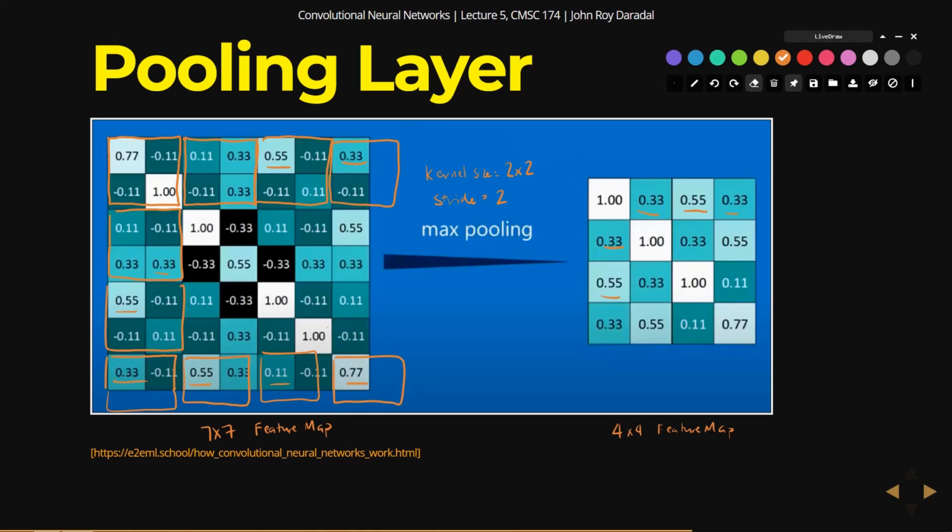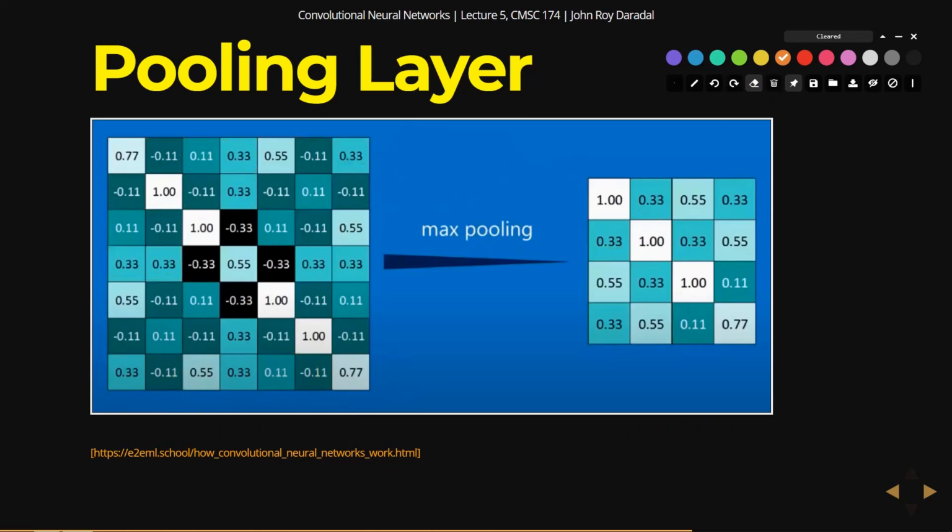So you'll notice that even if we downsampled the feature map, we still have the most important parts of the feature map, which is this diagonal right here. Okay, and that diagonal is still present in our resulting feature map, which was already pooled.